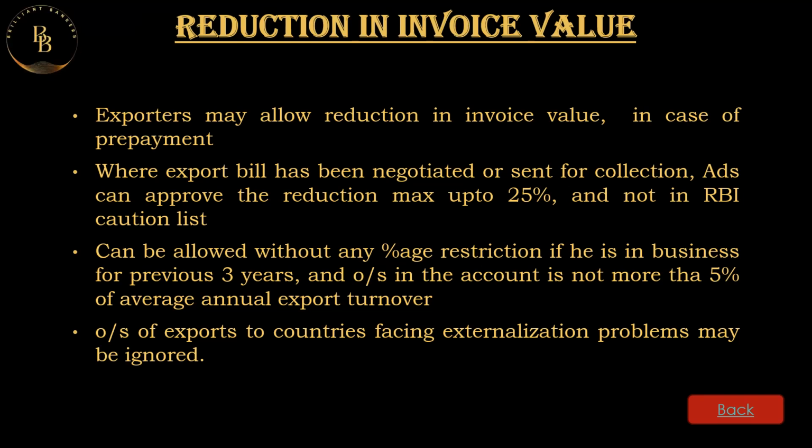So he should not have an outstanding in his account of more than 5% of his average annual export turnover. The outstanding of exports to countries facing externalization problems may be ignored for the purpose of reckoning the percentage of export bills.